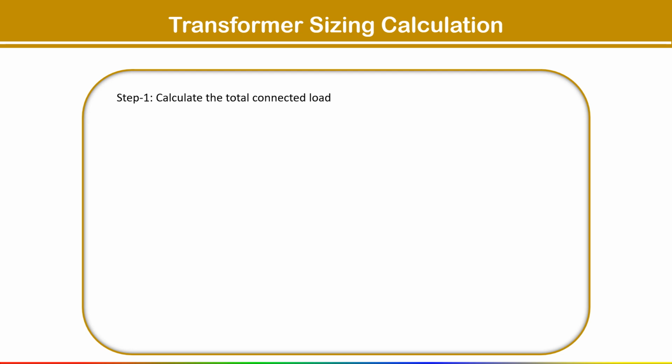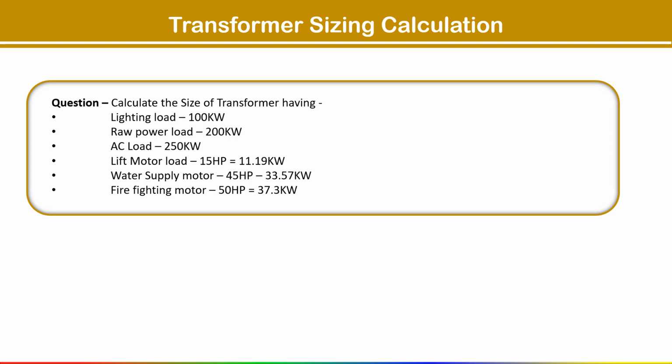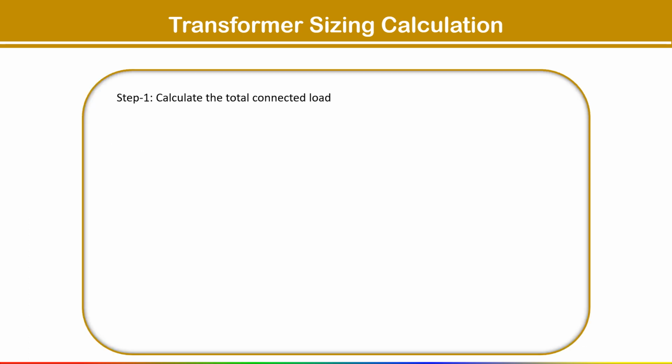Okay, so first of all, here we are going to find out the transformer sizing. The first step is to calculate the total connected load. Here you can see the total electrical load is given. For lighting load, raw power load, just add each and every one. To find out the total connected load, whatever lighting load and power load is given, I have added.